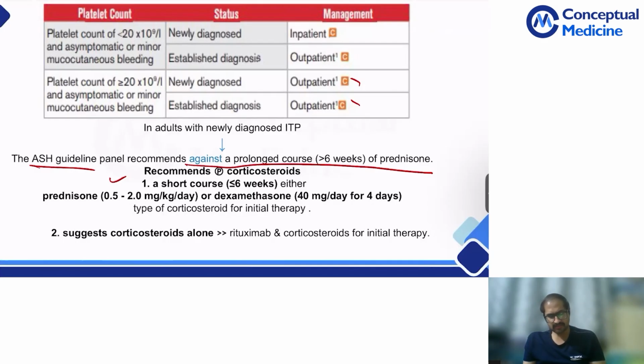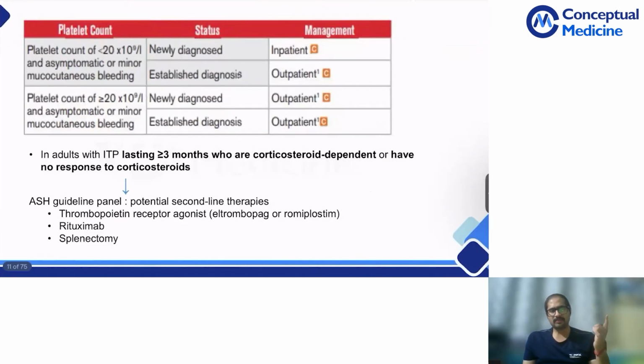So what is the dose? Either prednisolone or dexamethasone; both can be given for ITP. Preferred is always prednisolone. If the patient has prednisolone or dexamethasone failure, then you give second line therapy as either rituximab or eltrombopag. Eltrombopag is better, followed by rituximab and also splenectomy.